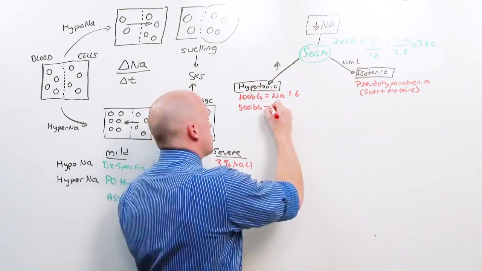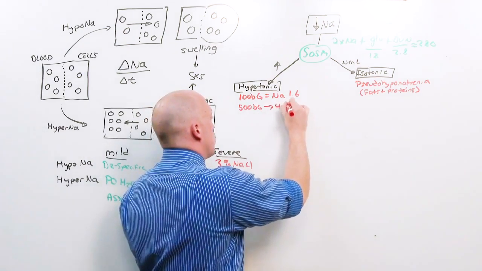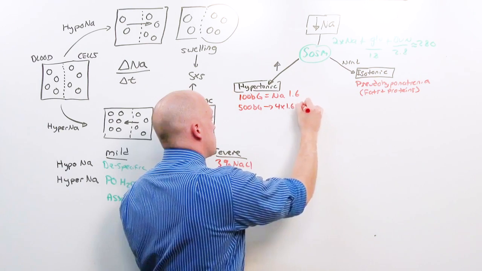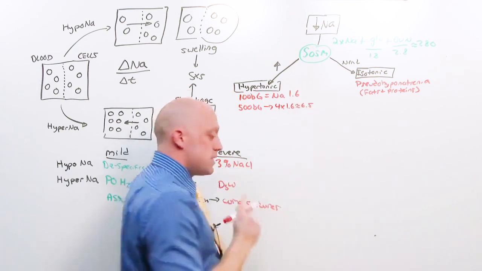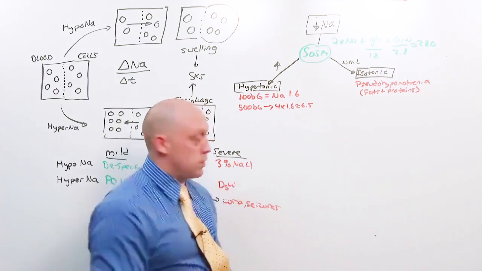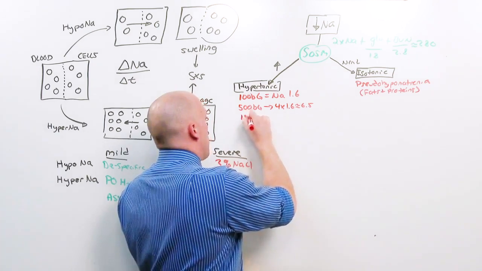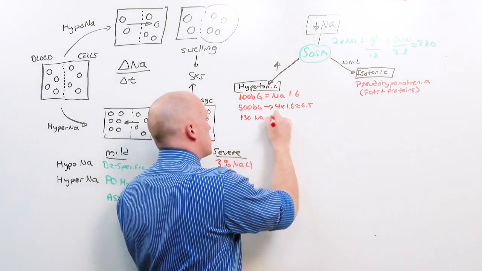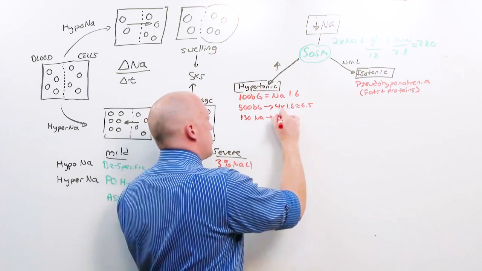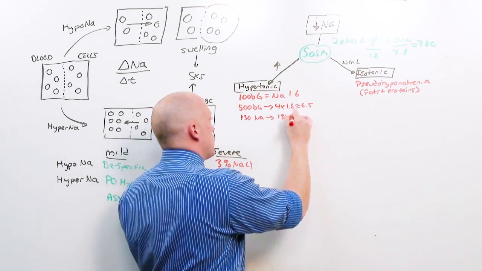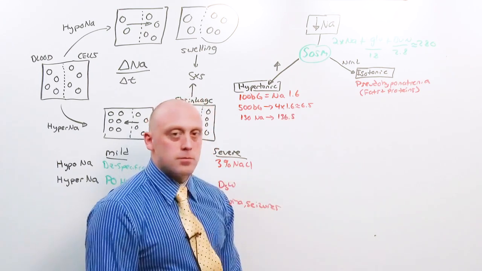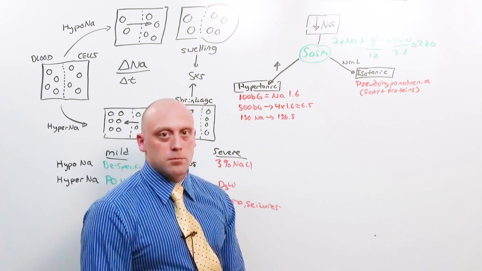So you would correct the sodium by 4 times 1.6, which is about 6.5. Which means that if on the same chemistry that showed 500, the sodium was 130, you would correct that sodium by 6.5, and their actual sodium would be 136.5. Happens all the time in diabetics.